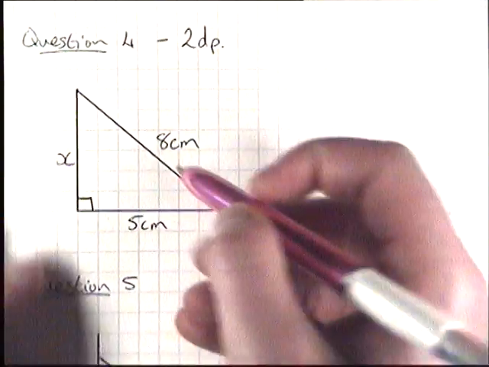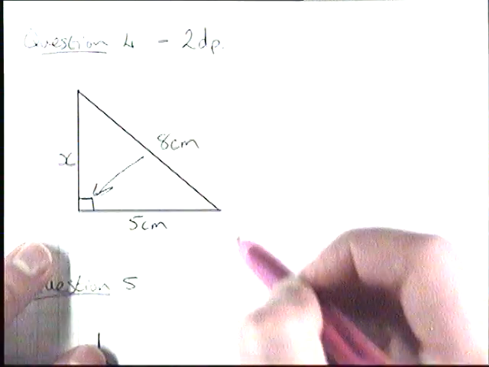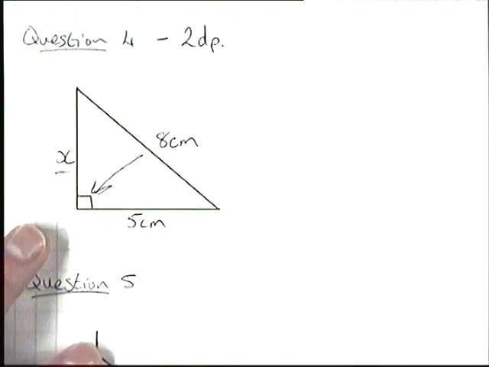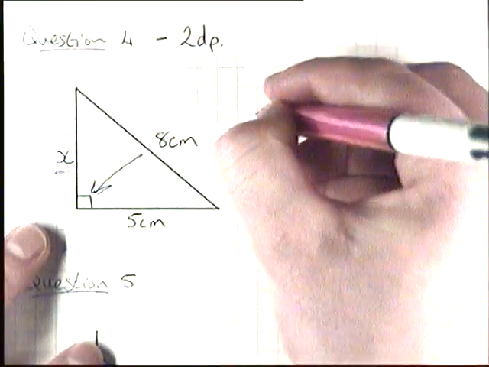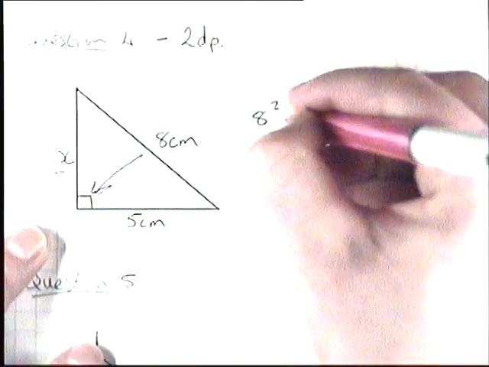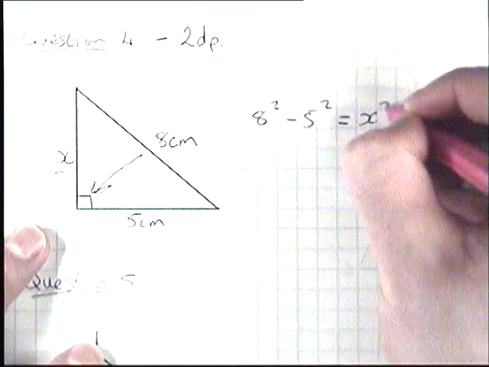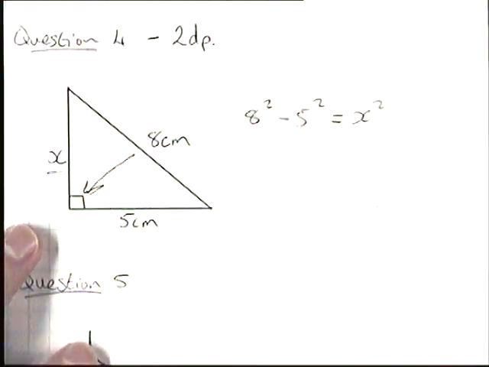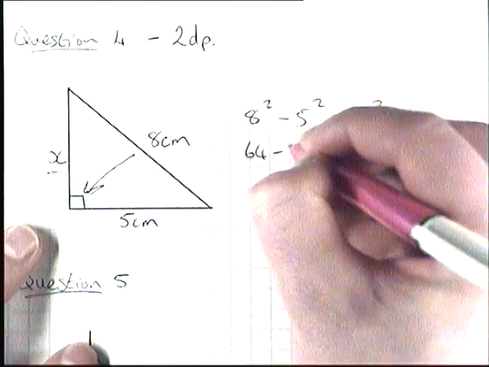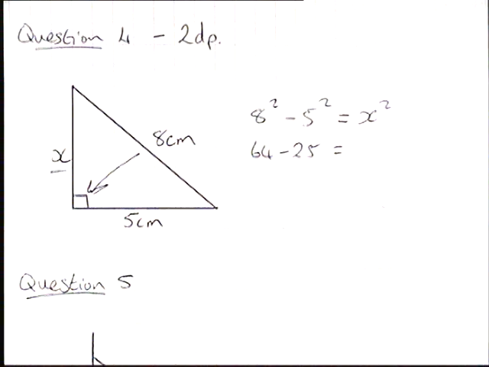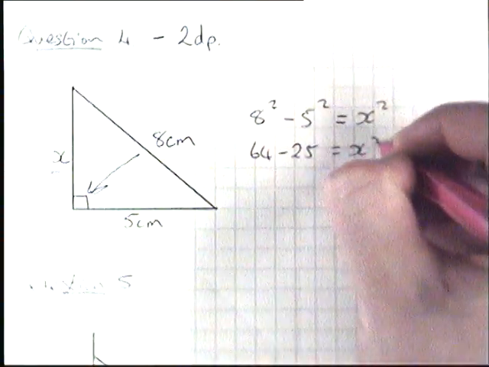Question 4, again, we're given the longer side, the side opposite the right angle, and we're trying to find one of our shorter sides. So we're going to start with our long side squared, subtract the 5 squared, and that is going to be equal to x squared. So we've got 64 minus 25, and that's still equal to x squared.